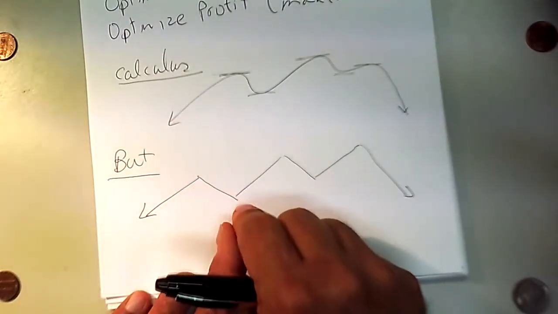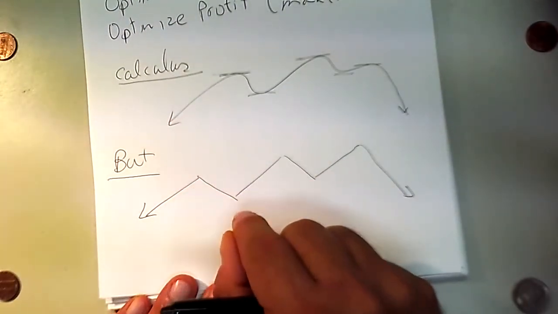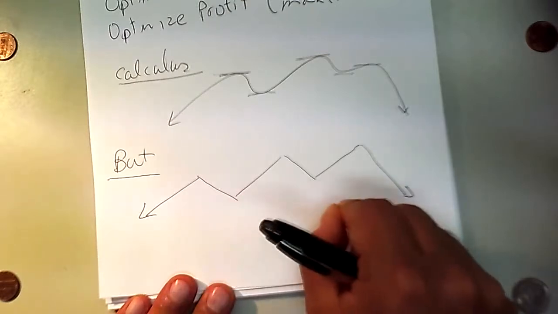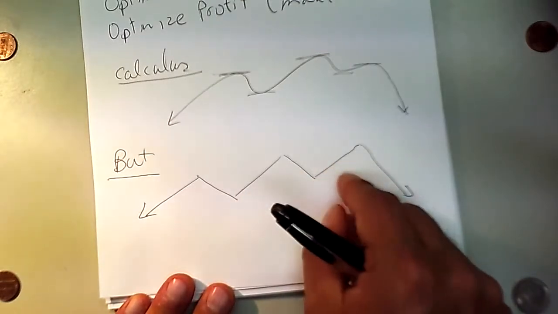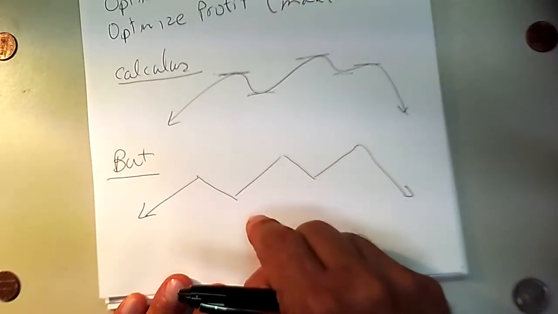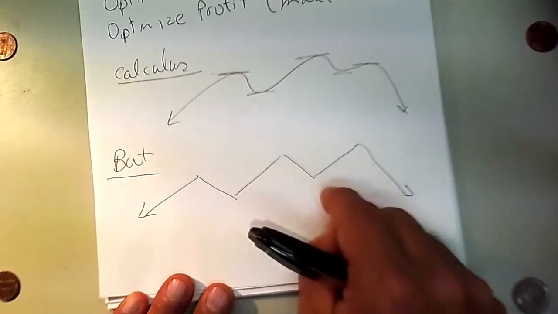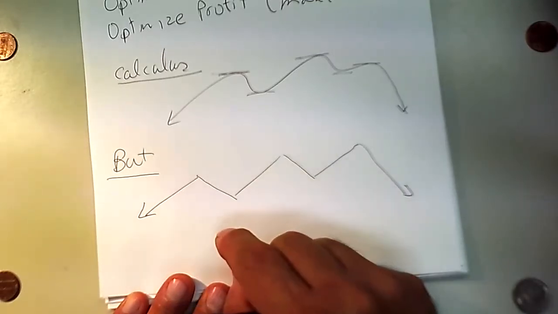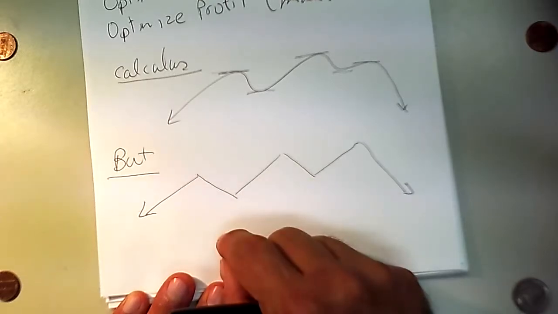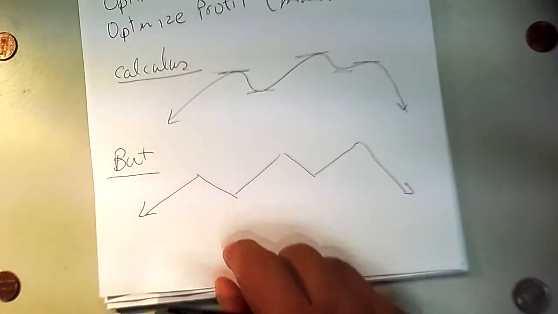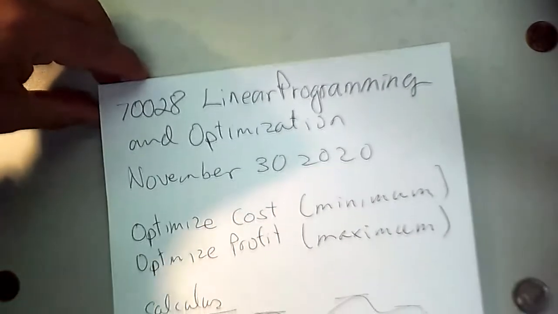Now, having said that, there are different kinds of ways to set up a problem. We can set it up with inequalities, or we can set it up with equations. The typical way to do this is with inequalities, but we are going to use equations instead.